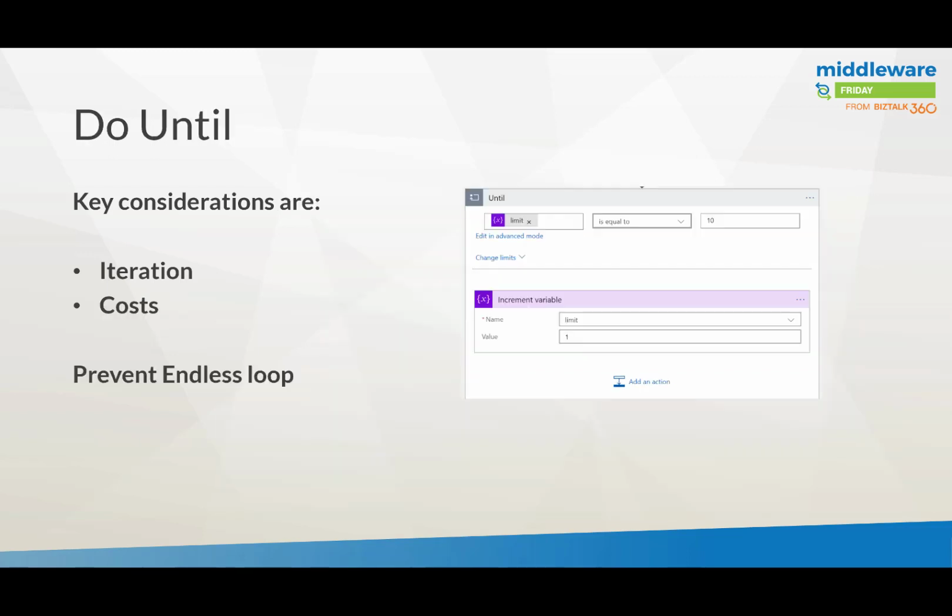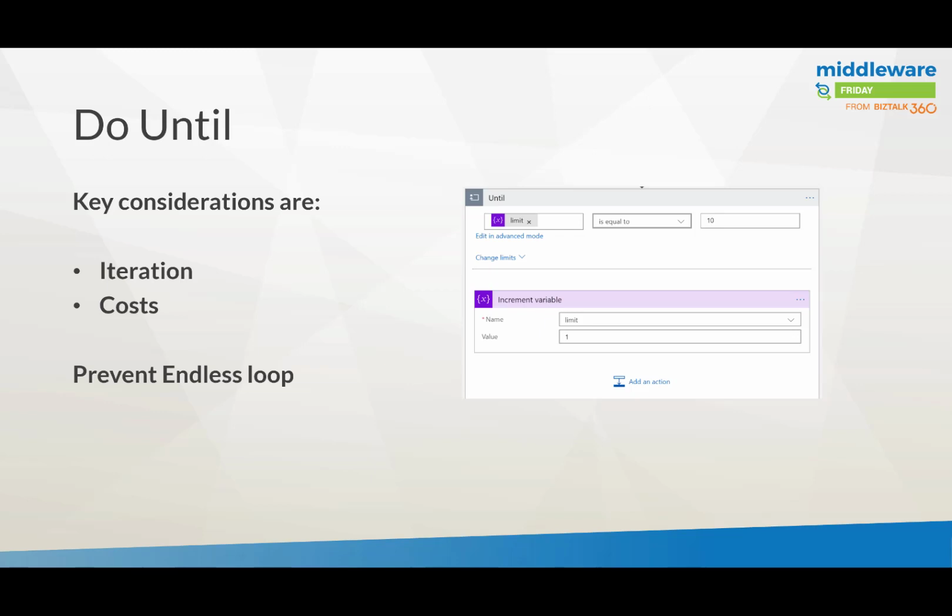Then you have the do until. That's another way of controlling the behavior in your Logic app, but differently. What you have to do is initialize a variable, for instance, and then loop until you reach a certain limit, as displayed here. Again, you have to think about iteration on one end, what you're going to do within that iteration, and cost as well, which I pointed out with the for each.